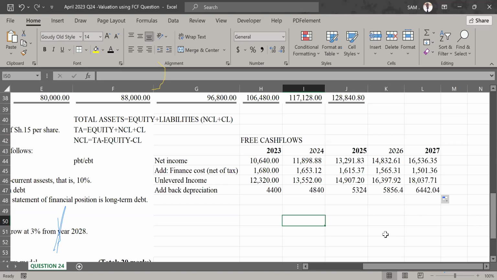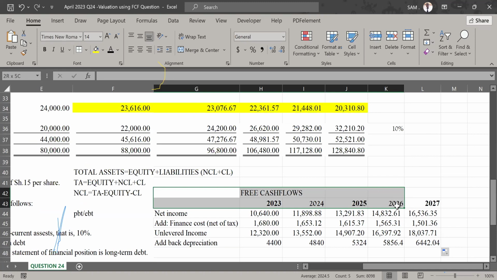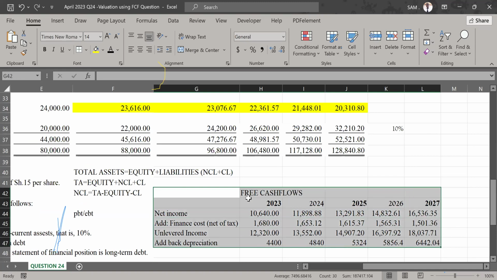Okay. Yes, good. So we come here and after bringing back our depreciation, we also make sure we take care of any changes in working capital and also any changes in capital expenditure. We know those elements affect our cash flows, right? Remember, this is a model cash flow statement, but in a different perspective.